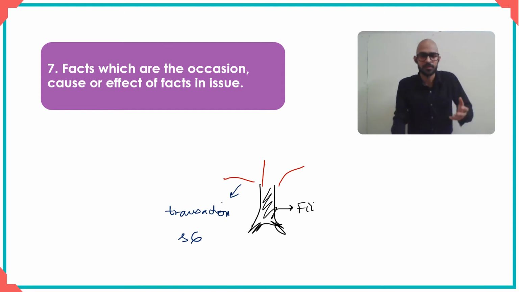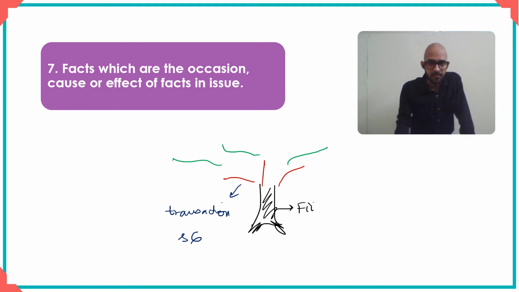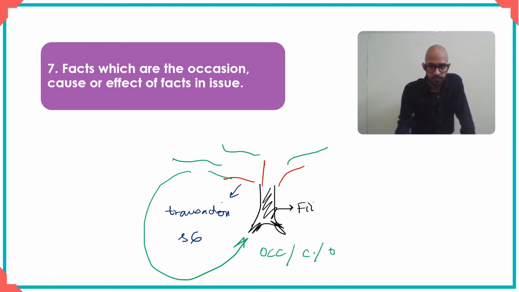So you understood, say for example, the brother. Now you learn another relationship, say the sister for example, or the mother, whatever. So you take another relationship here. Now this relationship says facts which are the cause or effect of the facts in issue, right? Which are the occasion, cause or effect of the facts in issue are also relevant facts, but this time they become relevant under section 7, right?